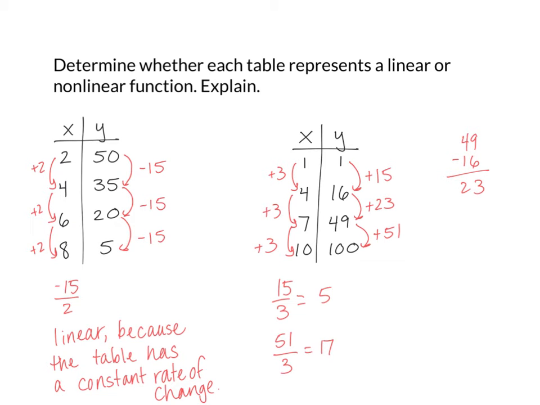So they don't equal each other. This table does not have a constant rate of change. Therefore, it's nonlinear because the table does not have a constant rate of change.